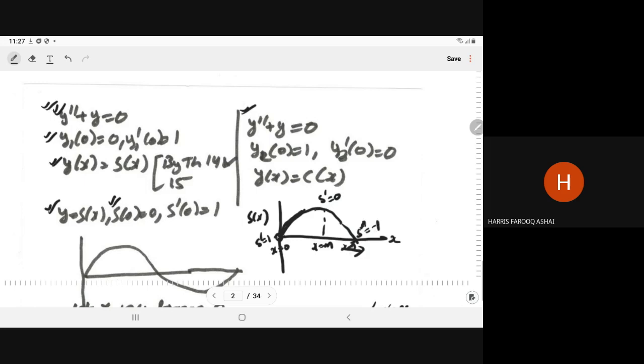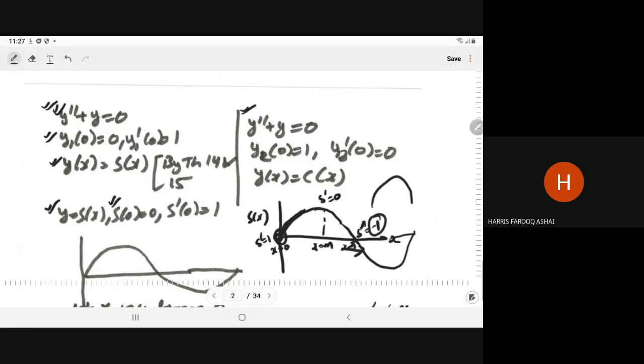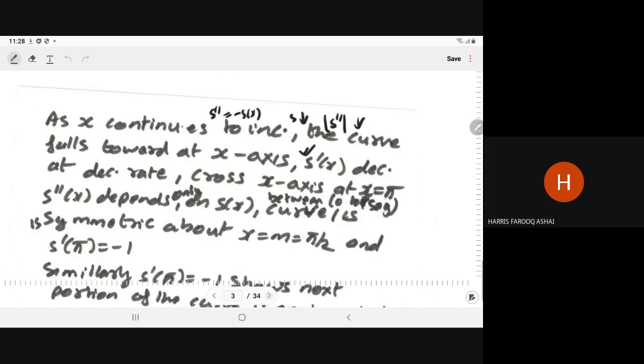Now, due to the +1, we have the positive side curve. So due to the -1, with the same principle, we have the negative side curve, right? Here, it crosses the x-axis at x is equal to pi by 2.